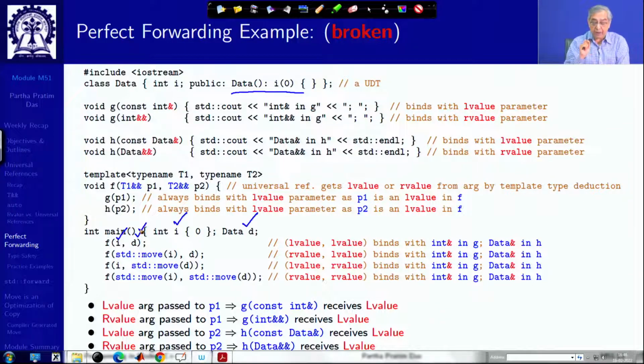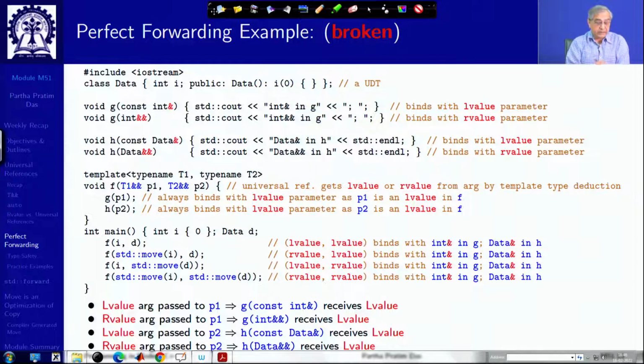I expect that p1 and p2 both will be received as L values and will be passed on as L values. So, naturally for g this should get called, and for h this should get called. You can see the respective statements given here to understand which function has been called, and I correctly find that those functions have been called.